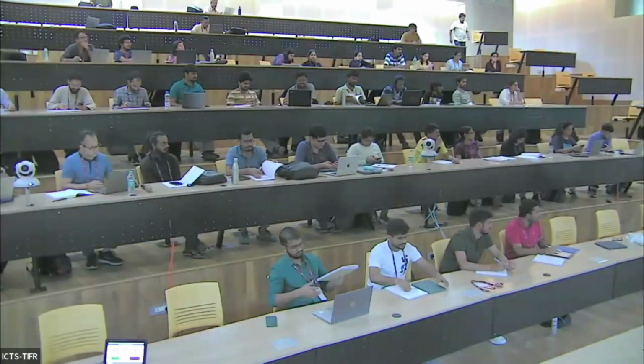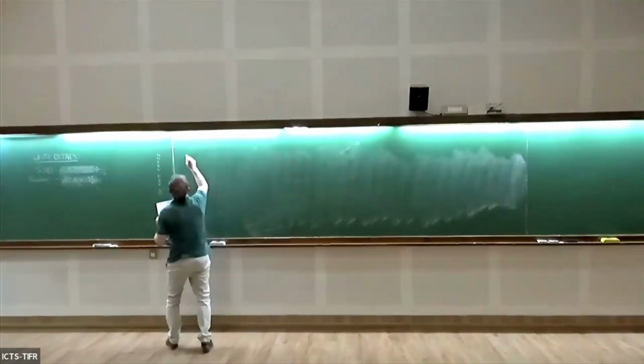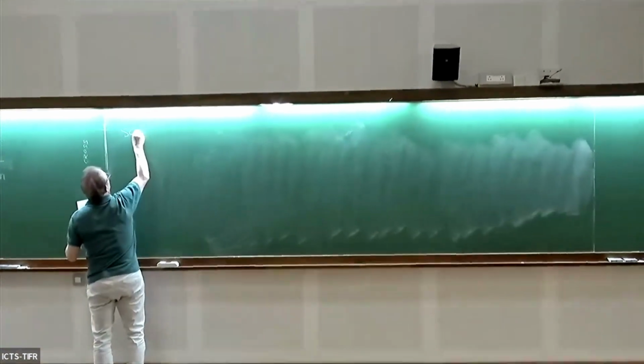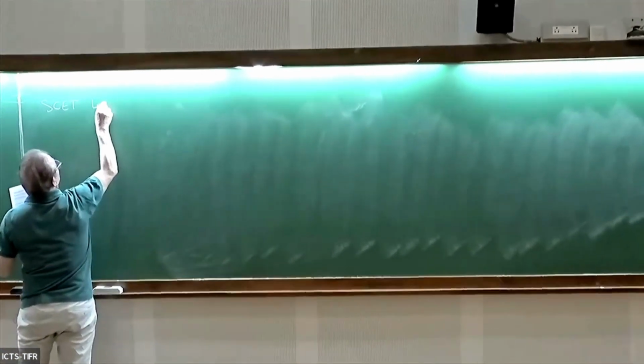We will continue with the construction of the soft collinear effective theory Lagrangian.